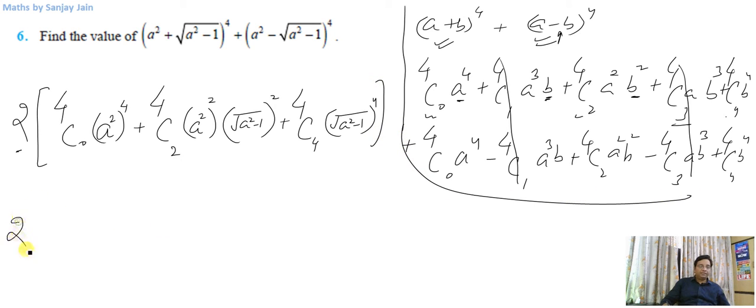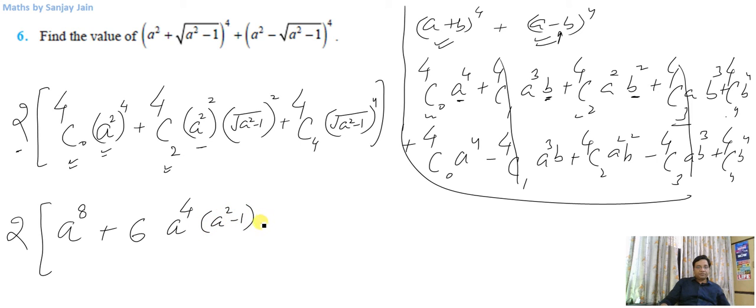So let us simplify it a little bit. So 2 into 4C0 is 1, (a^2)^4 is a^8, plus 4C2 is 6, so 6 into this is a^4 and this is (a^2 − 1), plus 4C4 is 1, this is (a^2 − 1)^4, so I can write it as (a^2 − 1) whole squared.